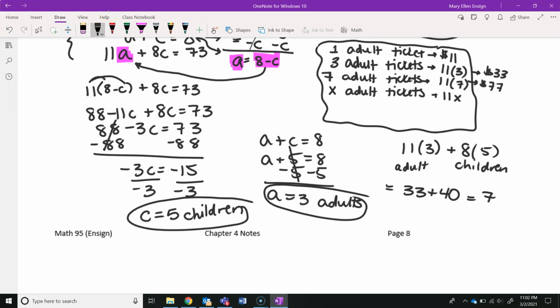So that is perfect. If we had the wrong configuration, if we had more adults, the cost would be higher. If we had more children, the cost would be lower. So just that one configuration, in this case with this information, is going to give you that correct total.